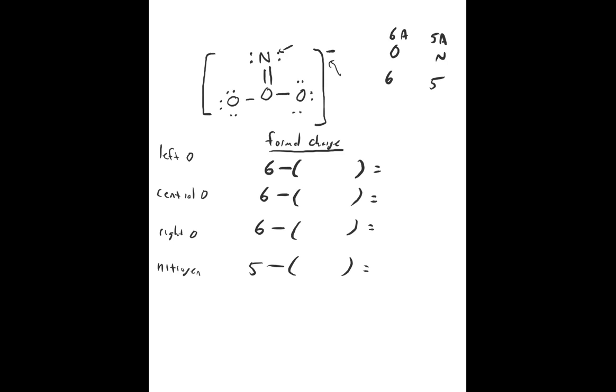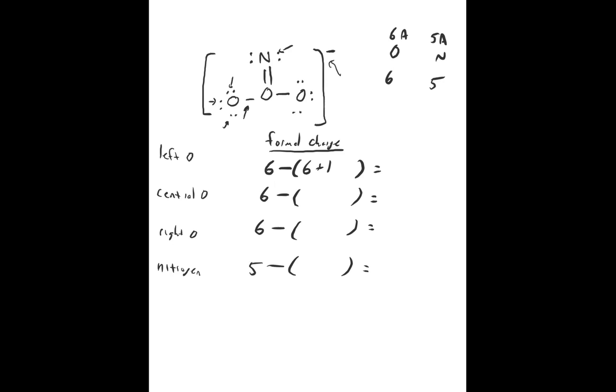This one right here, that's weird. Let's just see how this works, okay? This is actually, I think, an improper Lewis structure, but let's take a look and see what happens. So let's do the left oxygen. It has 3 lone pairs, so that's 6, and it has 1 bond, so that's 1.